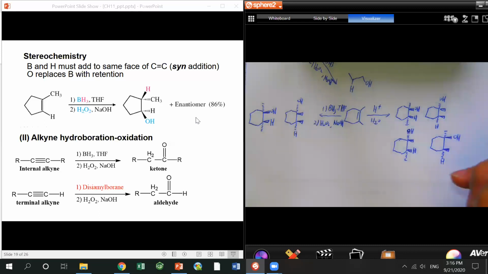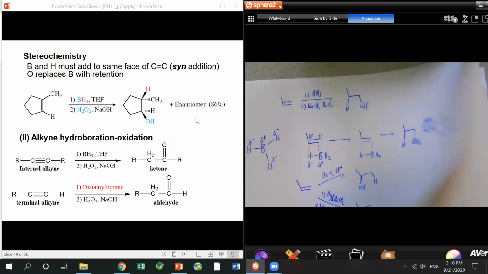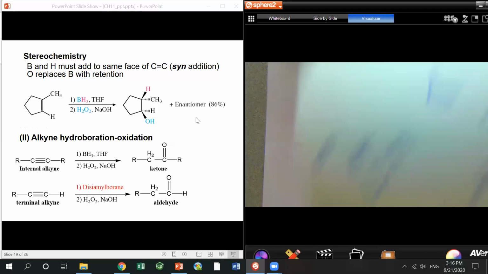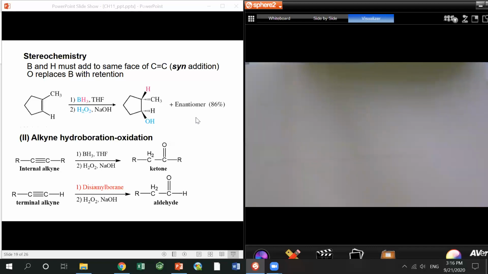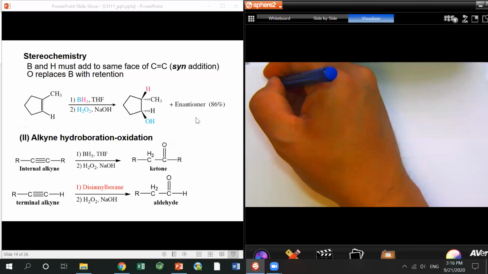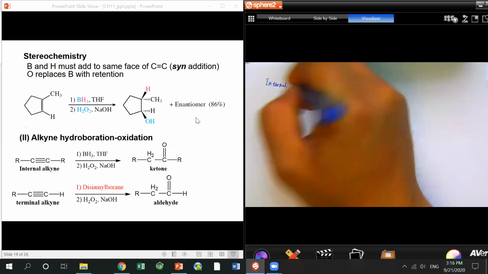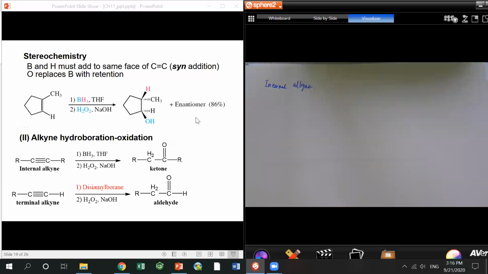It really comes down to what kind of alkyne it is, terminal or internal. If it is an internal alkyne, you give a ketone, the same as the oxymercuration reaction.